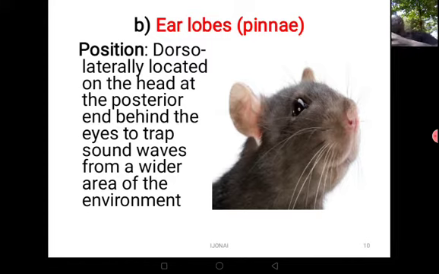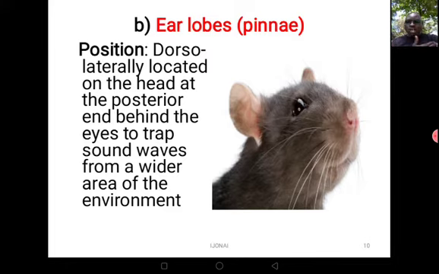You realize that they are dorsolaterally located as well on the head, just like the eyes. They are located on the top and on the sides of the head, but slightly behind the eyes. So we can say posterior, or behind the eyes.